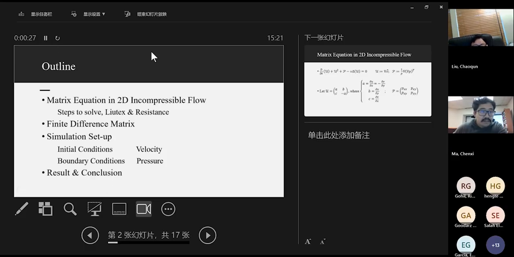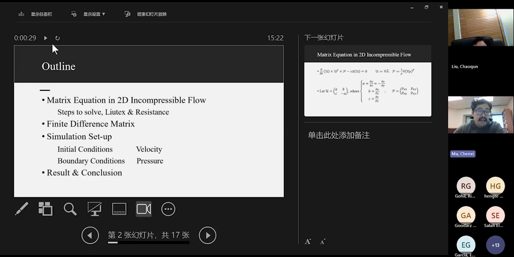So first, I'm going to recall what I said in the conference about the matrix equation. In this case, we only talk about the 2D case, and I will talk about the steps to solve it numerically. I will also talk about the Liutex and the resistance in 2D incompressible flows.